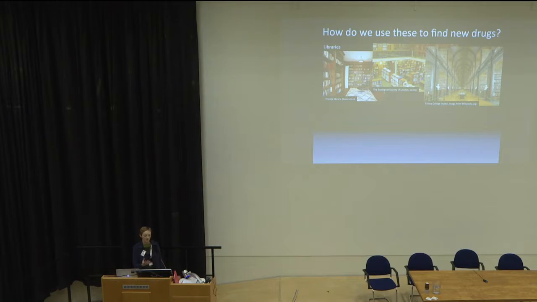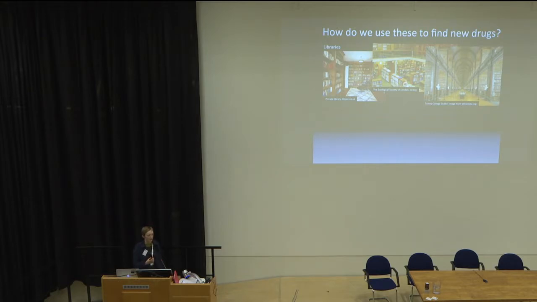We can find a very focused library and do a small number of experiments to see if any drugs targeting that mechanism are useful. And then there's sort of larger but still specialized libraries.